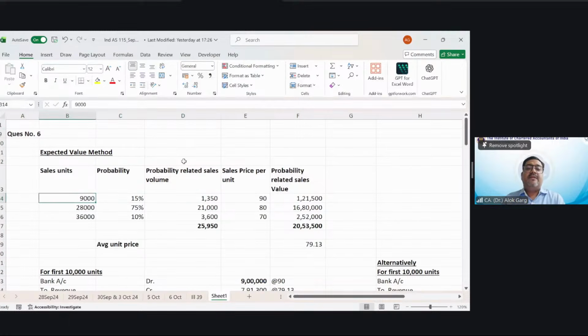Yes, friends. The question talks about three buckets: 9,000 units, 28,000 units, 36,000 units. What is the probability of these buckets? 15%, 75%, 10%.